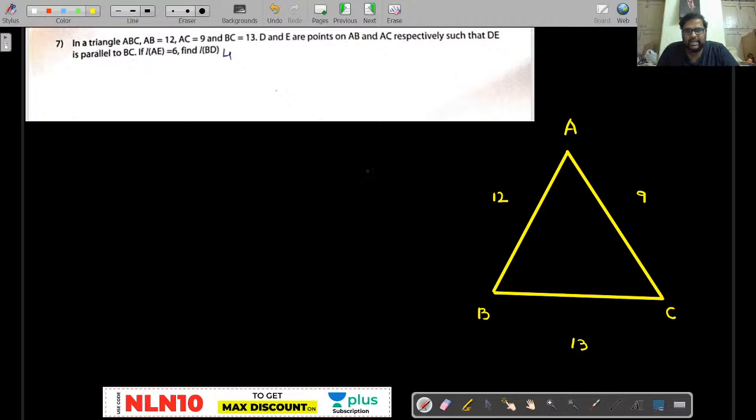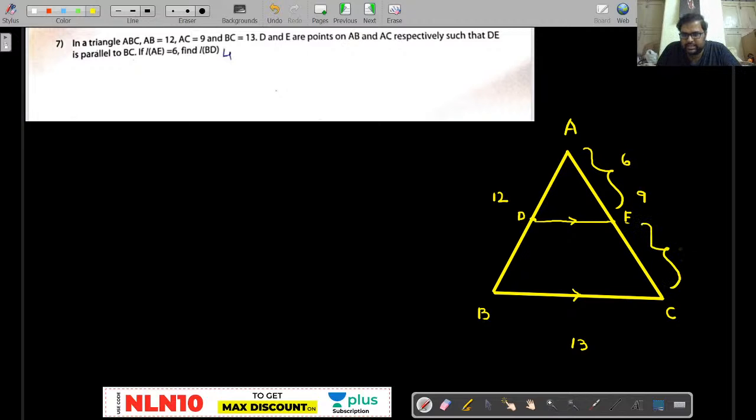Now D and E are points on AB and AC respectively, such that DE is parallel to BC. Now the question also gives AE as 6. AC is 9, AE is 6. Now how much will be EC?